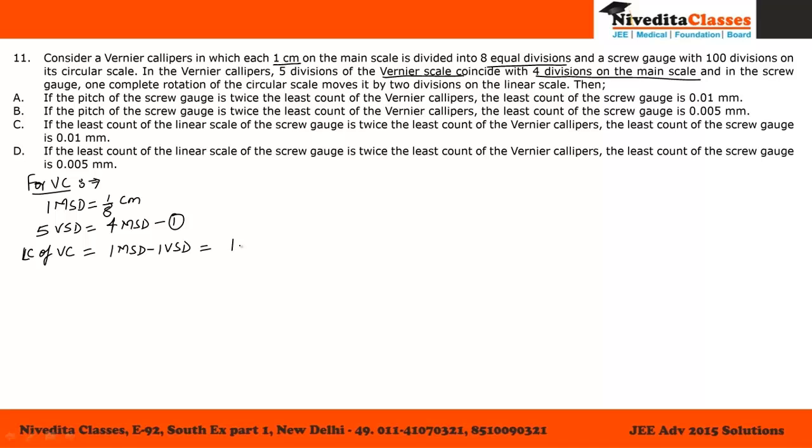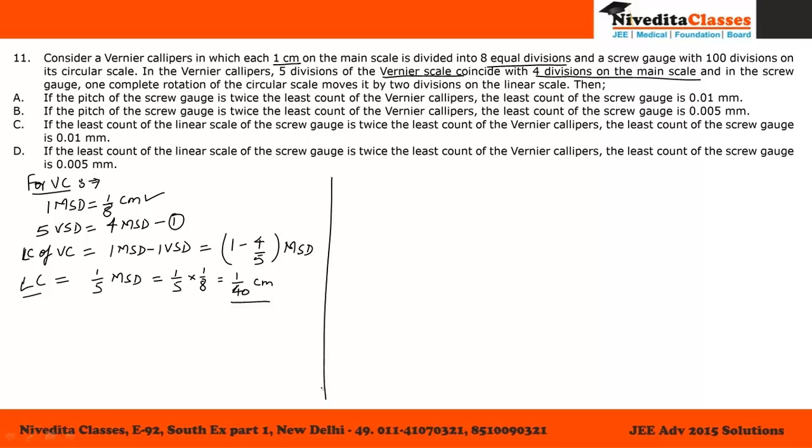It will give us 1 minus 4 divided by 5 main scale division, which is equal to 1 by 5 main scale division. As we know that our main scale division is 1 by 8 centimeter, this will be equal to 1 by 5 into 1 by 8, which is actually 1 by 40 centimeter. So the least count of our vernier caliper we have calculated as 1 by 40 centimeter.